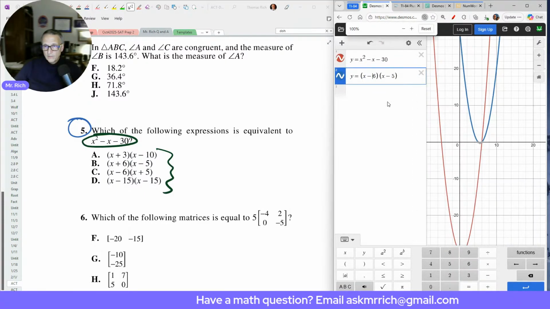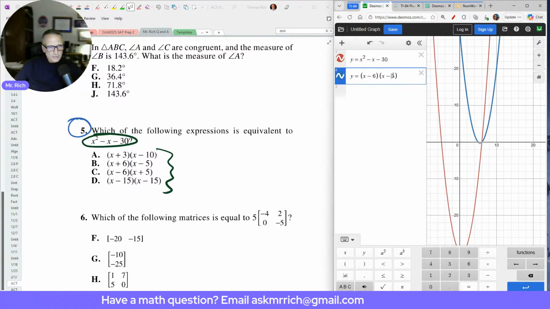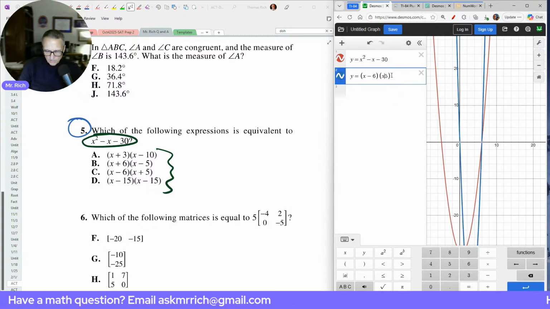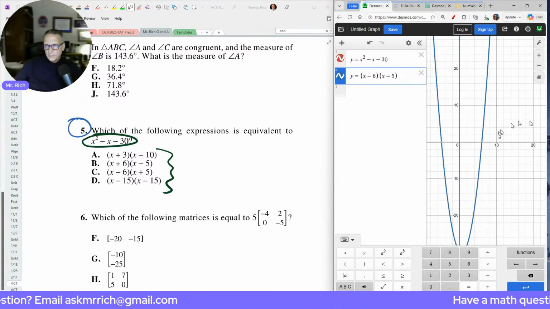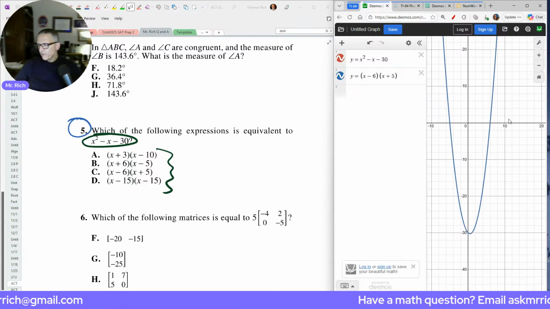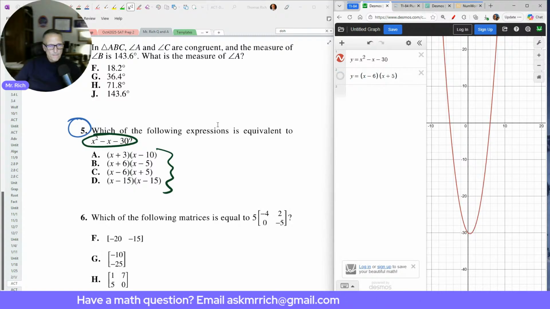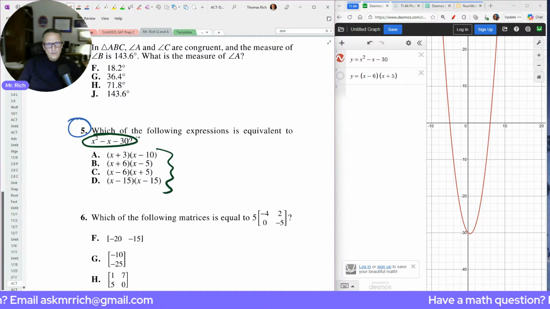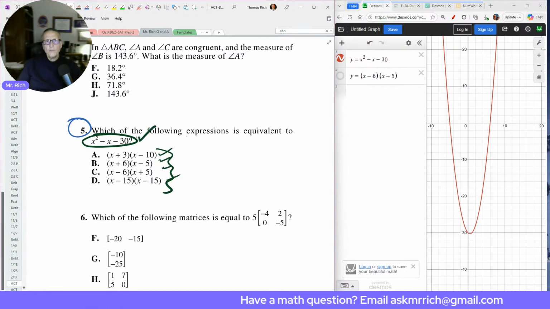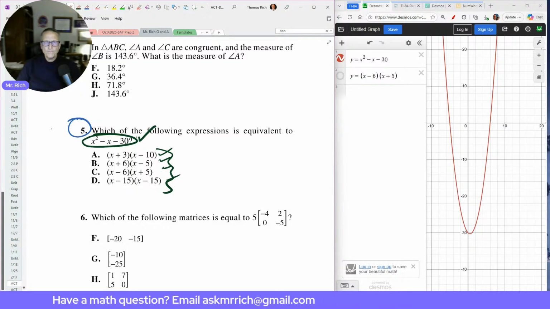Yeah, there we go. So that's x minus 6 and then x plus 5. Now you see that those two graphs perfectly coincide with one another. In fact, you can't see the red one until I turn the blue one off here in Desmos. So that's one thing you can do with these equivalent expressions. Make the graph of this and then graph these until you find the one that perfectly coincides and overlaps the original expression. All right.